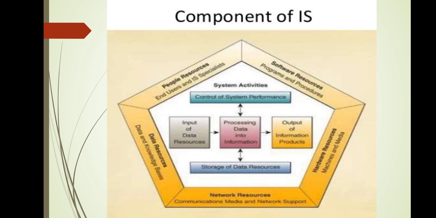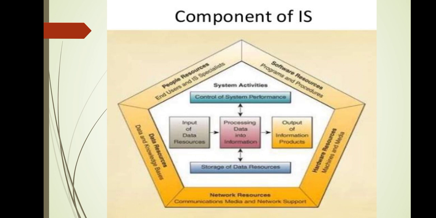What are the components of information system? We already know input, process, output, control, feedback. These are all the components of IS, which are covered by people resources, that is end users or IS specialists.